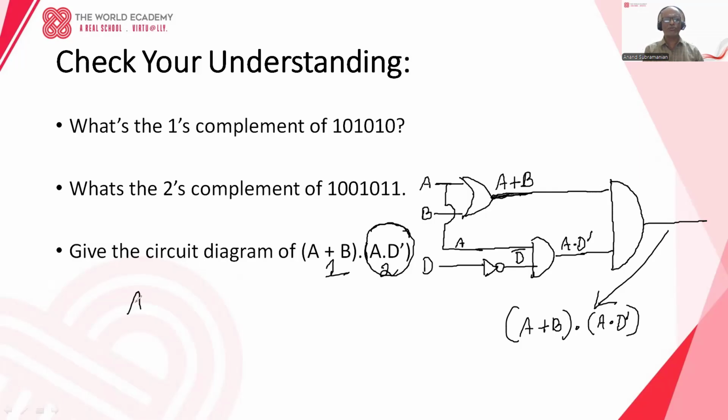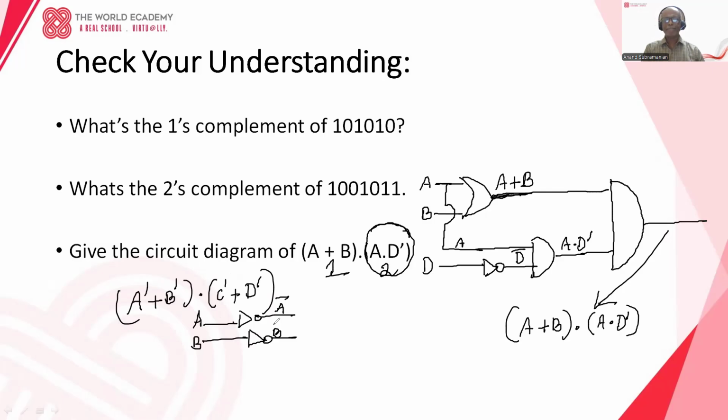For example, if you want to draw (A bar plus B bar) dot (C bar plus D bar), understand? So what we do, we have to OR A and B complement. So I take A, I take B, and then I complement it. This will become A bar and this will become B bar. And I have C and D. I take both, I complement it.